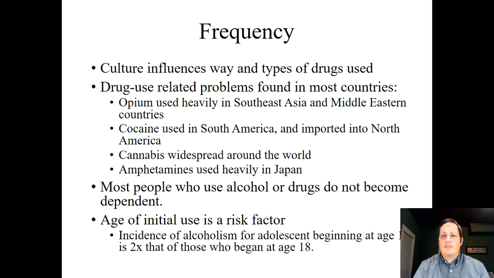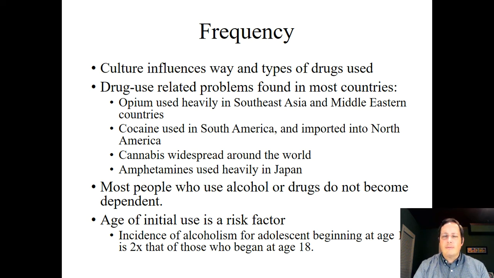It even goes through its second great brain growth spurt in puberty, and new connections are being formed. And so with all this new capability, experience plays a big role in shaping the way that the brain prunes its various connections to make it more efficient. And if drugs are introduced during that time period, it's going to adapt to those drugs much quicker than you would see in an adult.